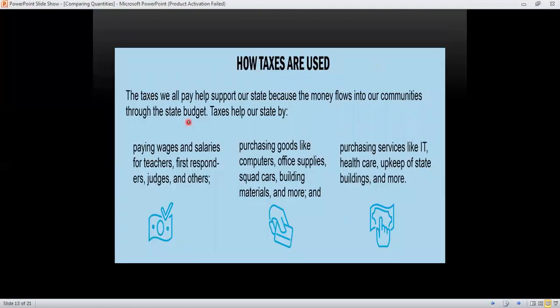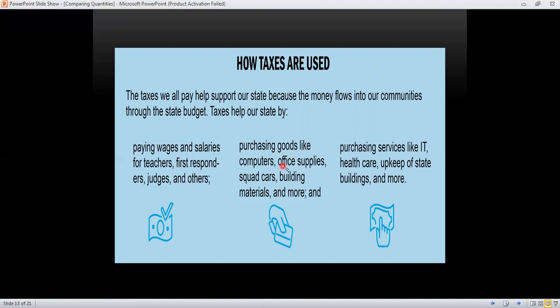Now, the other question that comes to mind is where the government uses the tax. So now how are taxes used? The taxes we all pay help support our state because the money flows into our communities through the state budget. Taxes help our state by paying wages and salaries for teachers, first responders, judges, and others.